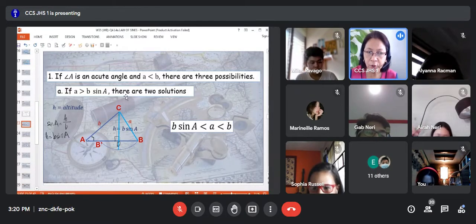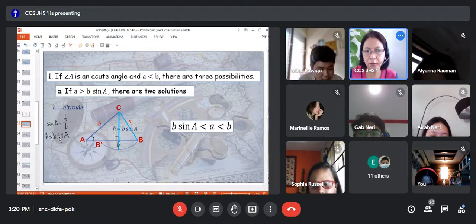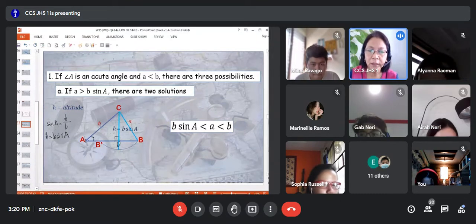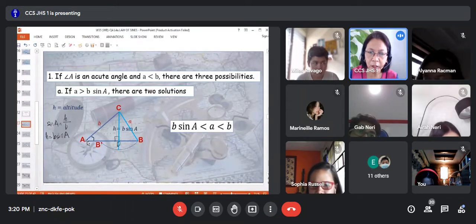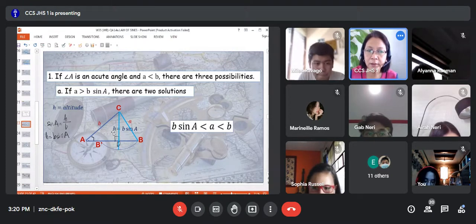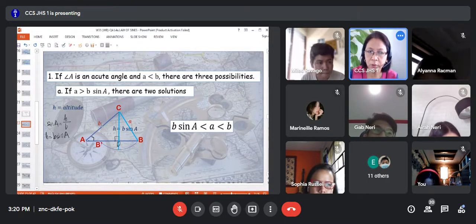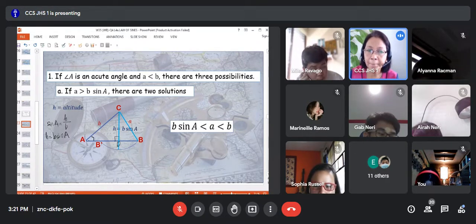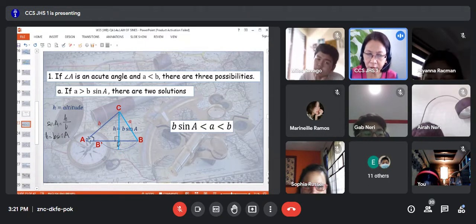You will have 2 solutions if your altitude, the H, taken from SOHCAHTOA, the sine of angle A, is equal to the altitude of the triangle, the H, the line drawn perpendicular to segment AB, over B. That is your sine ratio.